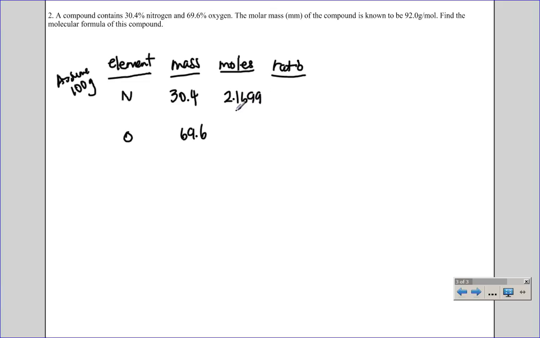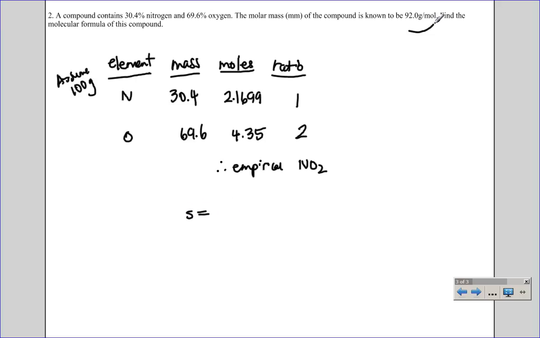So we're going to divide 30.4 by 14.01 and divide 69.6 by 16, and we're left with the moles of each of those elements. To convert this to a whole number ratio, I divide both by the smallest, which is 2.1699, and I'm left with a 1:2 ratio. So this gives me the empirical formula, which is NO2.